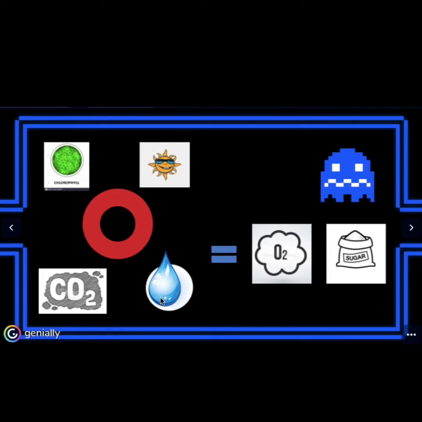As a result, we have oxygen and sugar. Oxygen produced during photosynthesis is given out by the plant through the stomata into the surrounding air. Sugar produced during photosynthesis in the leaves is transported to all other parts of the plant to be used as food. Sugar in plants is called glucose.